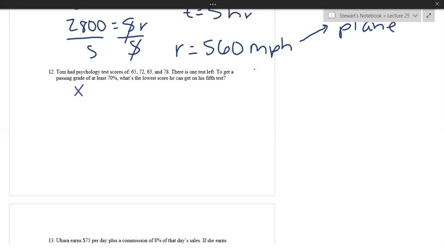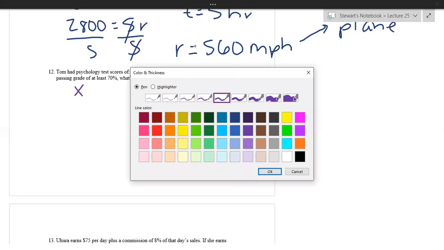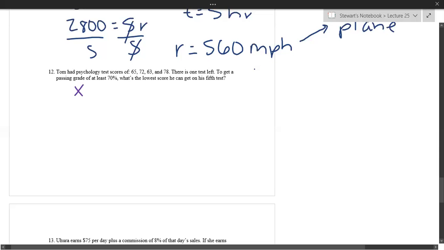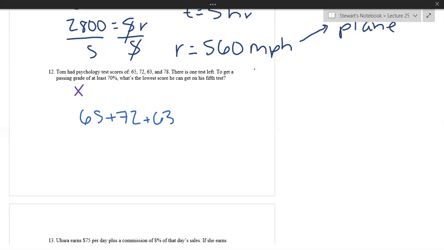So to do this, in order to solve an average, you have to add up all of the items and then divide by the number of items. So we know there are 5 tests, or 5 test scores. So we have 65, 72, 63, 78, and then we have X, because we don't know what the 5th one is yet.